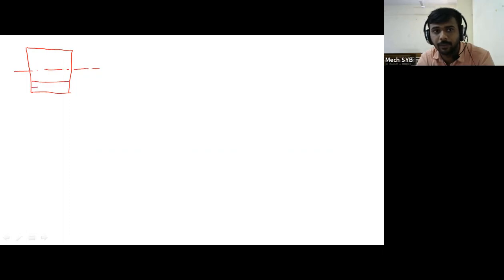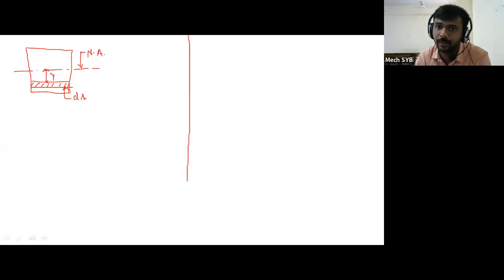So this is one small strip. A strip is a portion of the beam itself. This strip we have to consider, and the distance between that strip and the center is again y. The area of that strip will be dA. This is the neutral axis.